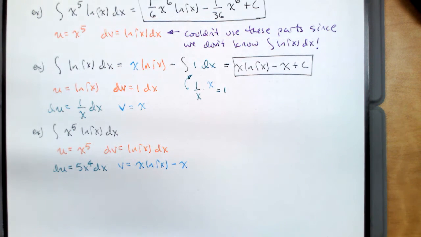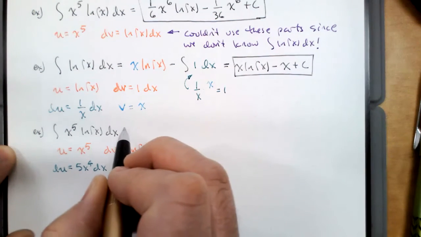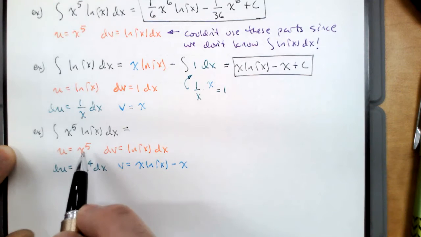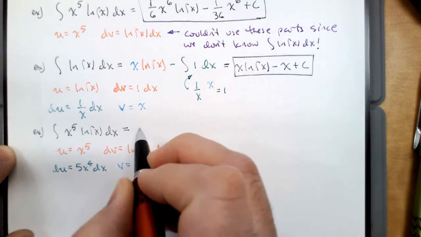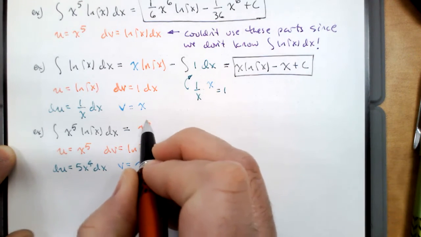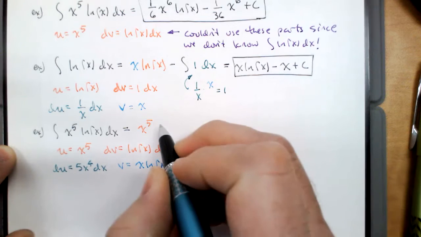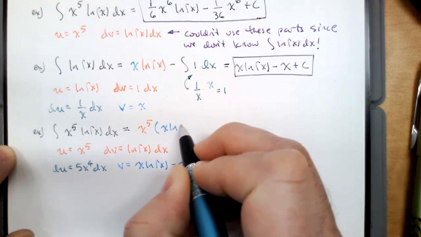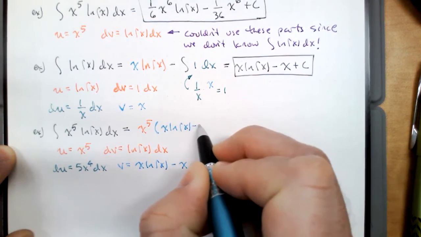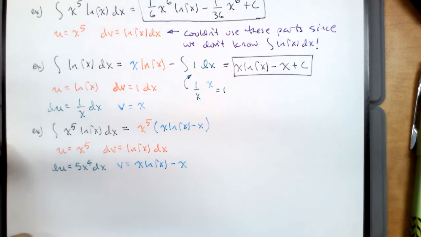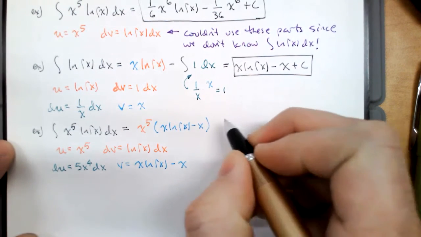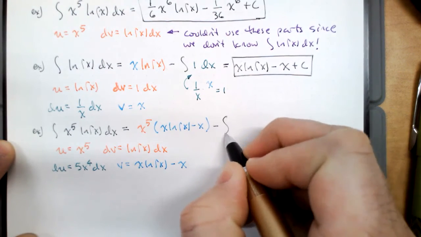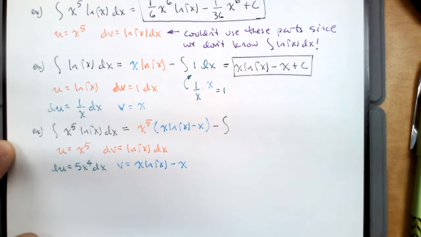Step 3, put together into the parts formula. So that's going to give me an x to the 5th times x ln x minus x. That's uv. Then we have to do minus the integral of v times du.